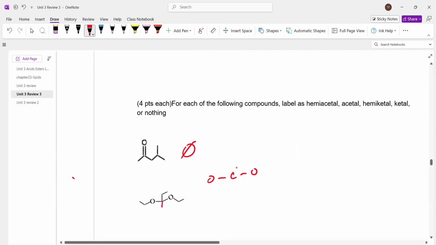It has a hydrogen here and no OH. Okay, so that'll be the anomeric carbon. Yes means it's going to be an acetal or hemiacetal, and because there's no OH there, it's just a plain old acetal.